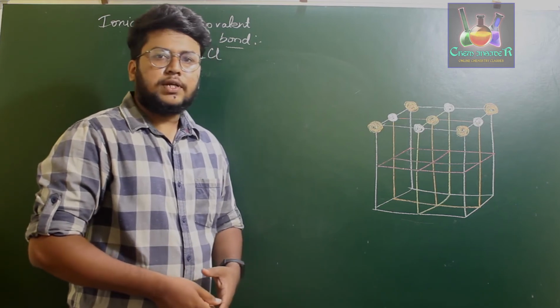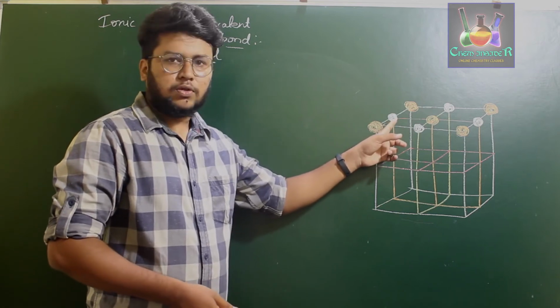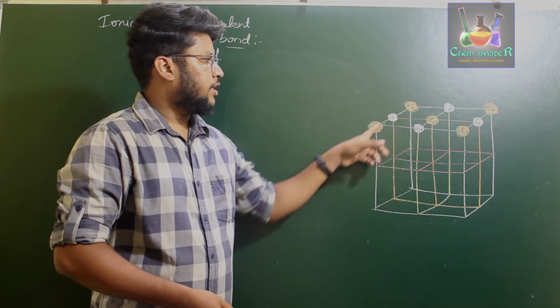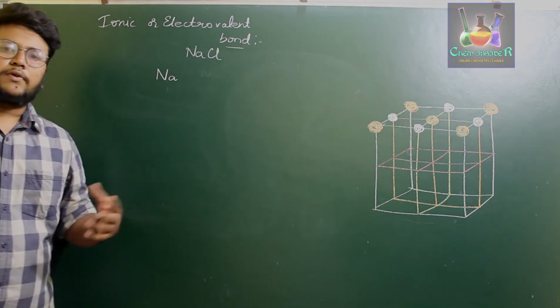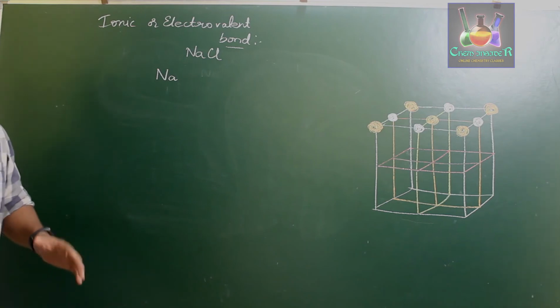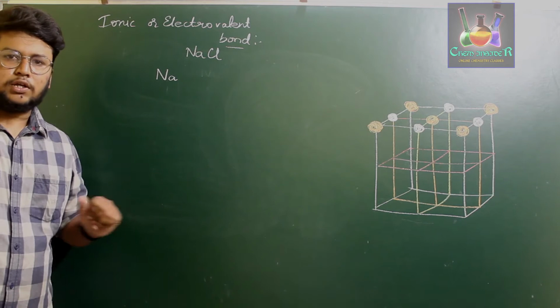That is because of their packing arrangement. Here one sodium will be attached with one chlorine, and these are mutually shared between sodium atoms. So these have different types of geometry, which is completely dependent on the packing arrangement of cations and anions.